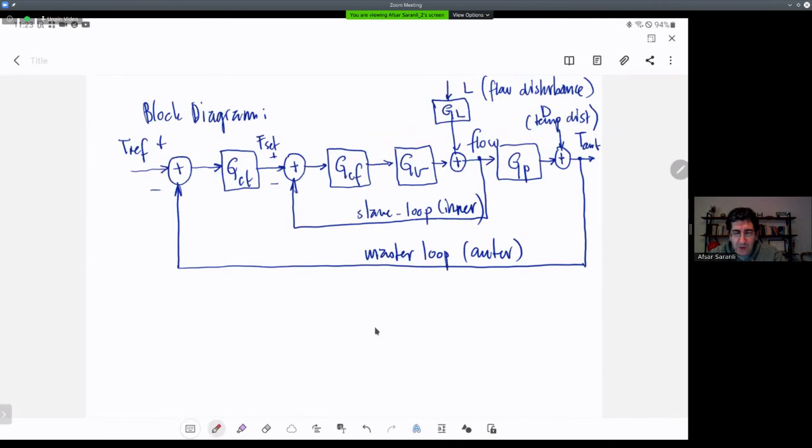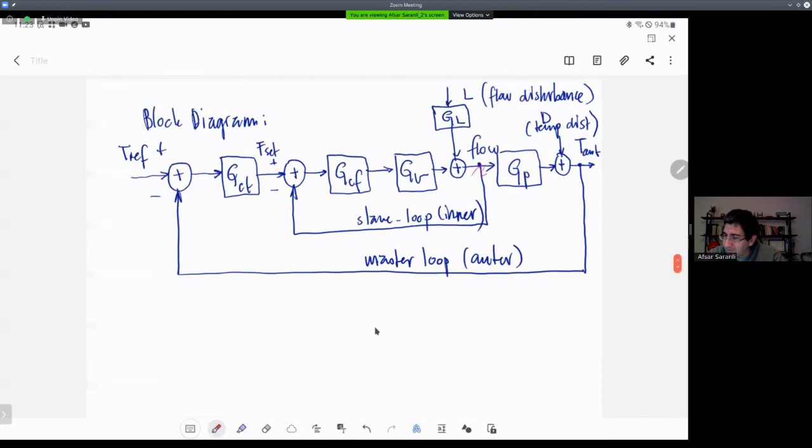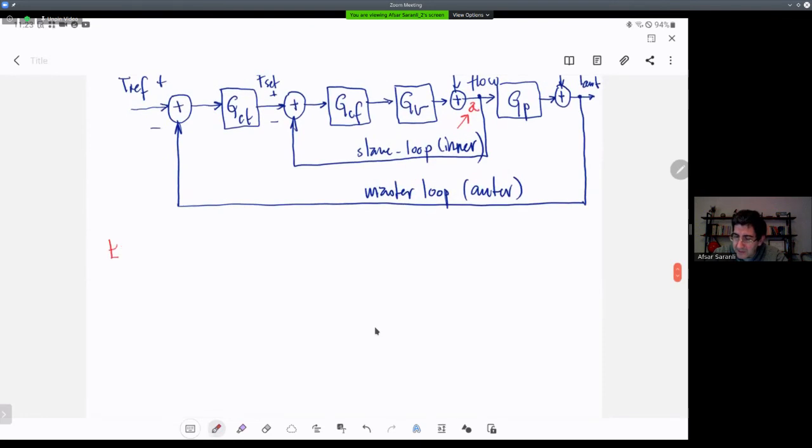So I will label the flow variable here as A, and I will try to derive an equivalent model like this, where the inner loop does not exist.